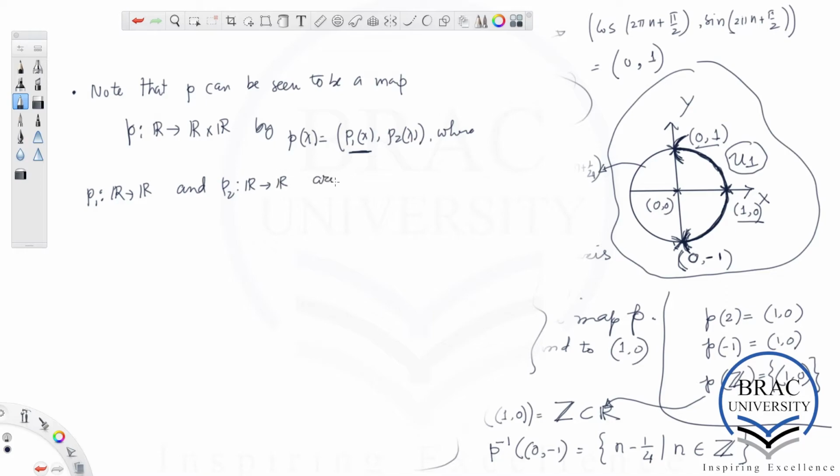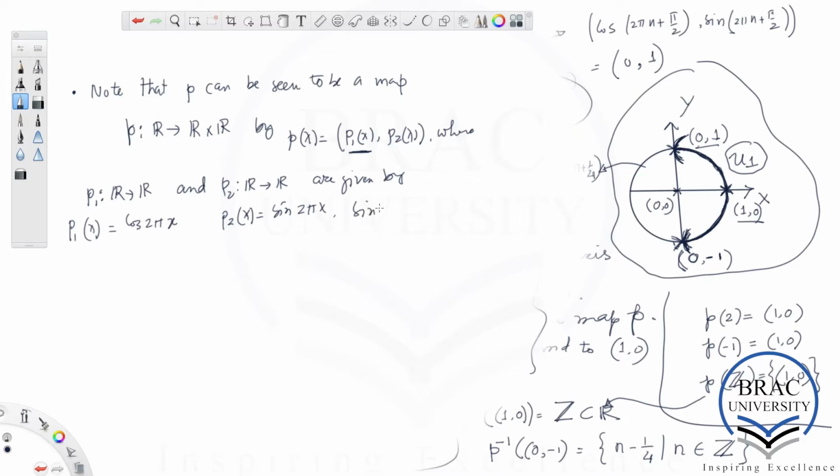They are given by P1 of x equals cosine 2 pi x, the x-coordinate function, and the y-coordinate function is given by P2 of x equals sine 2 pi x.